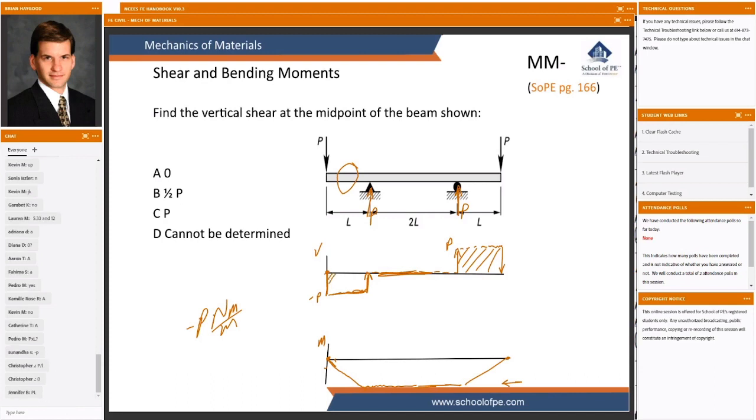Well, we started at 0 on the left and we lost an area of P times L, so this is negative P times L. All right, so we have a slope of negative P, then a slope of 0, then a slope of positive P, and that's going to take us from 0 down to negative PL and back up to 0.